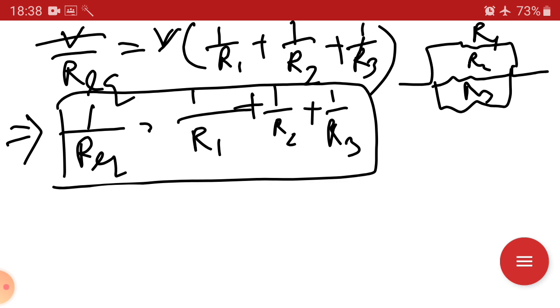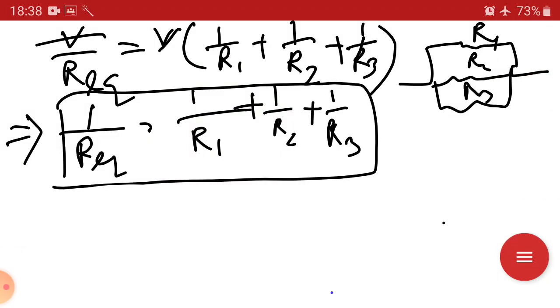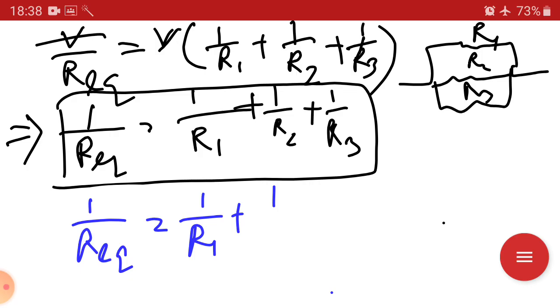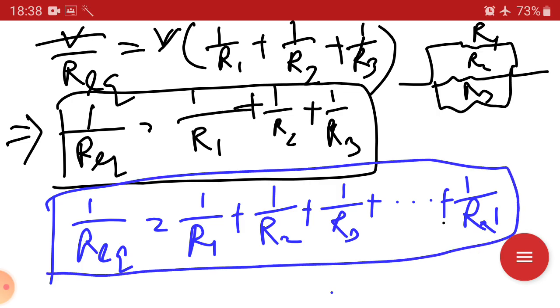The final equation will be 1 by R equivalent or R total equal to 1 by R1 plus 1 by R2 plus 1 by R3, and so on. First we started the discussion with three resistors, then we generalized the formula for n number of resistors.